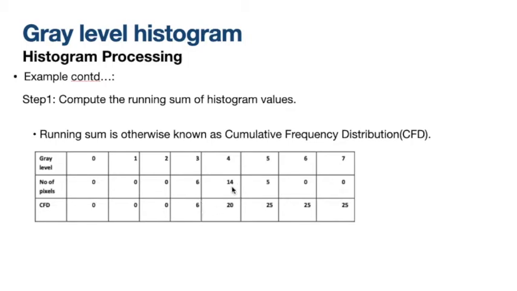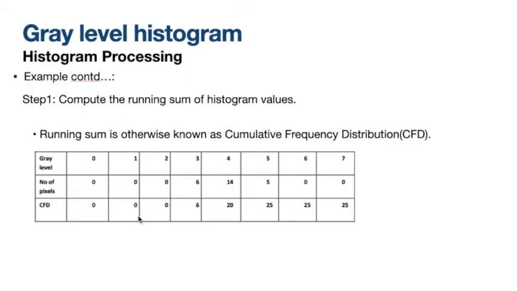Then for gray level 4 the CFD will be 6 plus 14, that is 20. Then for gray level 5 it will be 20 plus 5, that is 25. Then for gray level 6 it will be 25 plus 0, that is 25 itself. And for gray level 7 it will be 25 plus 0, that will be 25 itself. Okay, so you have to find the cumulative frequency distribution, that is the running sum of histogram values.